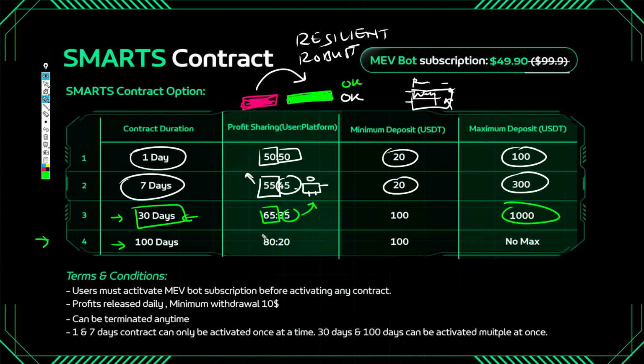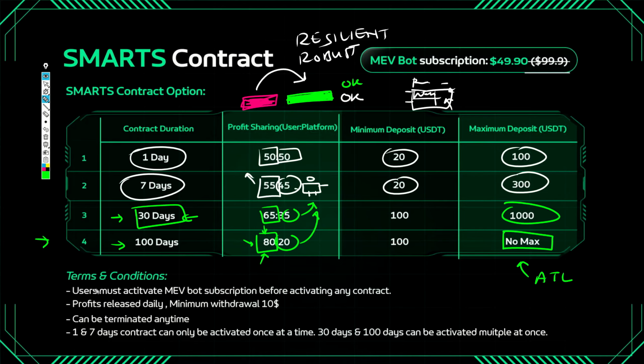We get 80% of all our earnings, 20% is for the bot. There's no limit to how much we can put on. Of course, this is not financial advice. You only put what you can afford to lose.